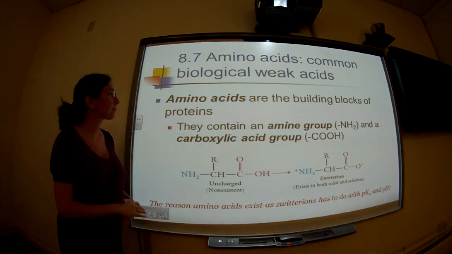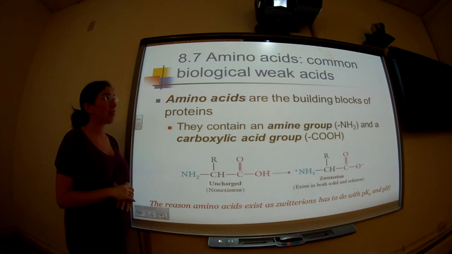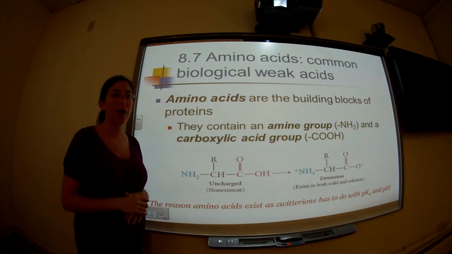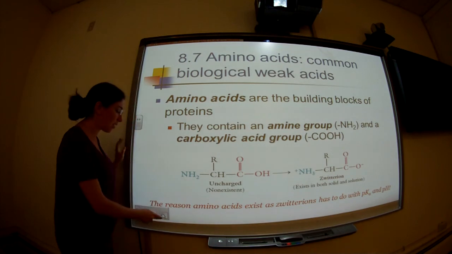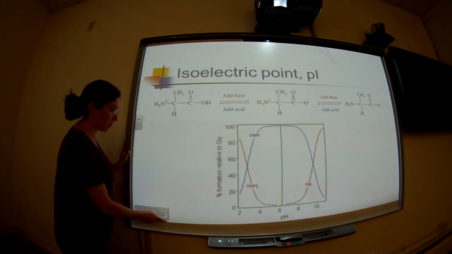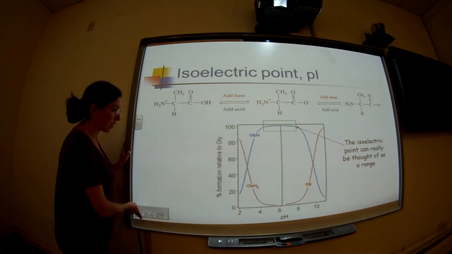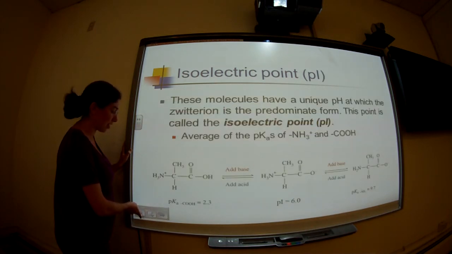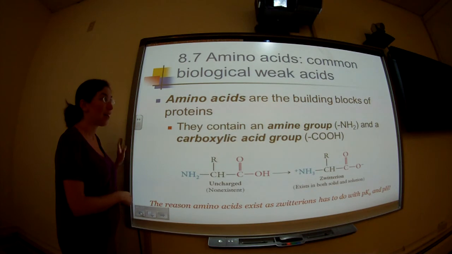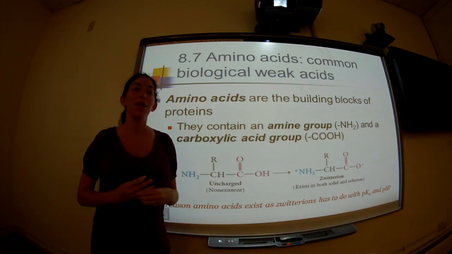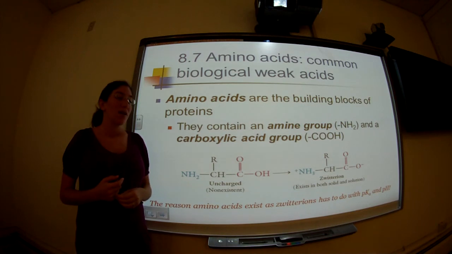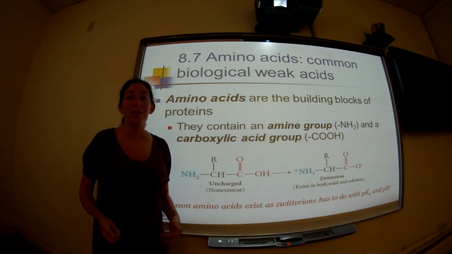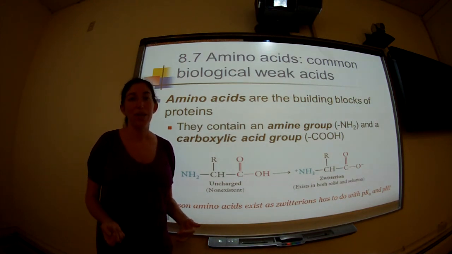Okay, so the last part of the chapter is talking about weak acids and weak bases in nature. We're getting an introduction to amino acids and proteins, which are actually going to be the next chapter.